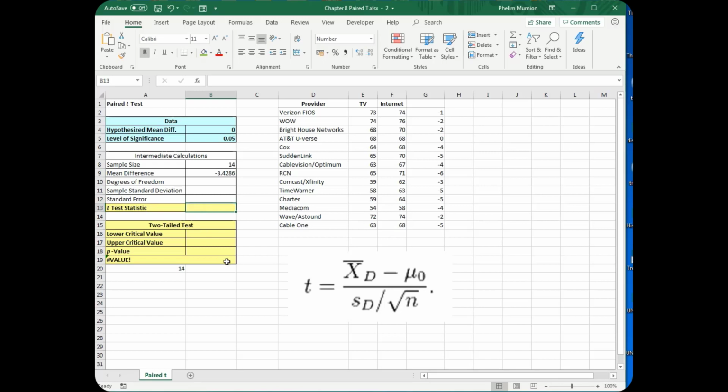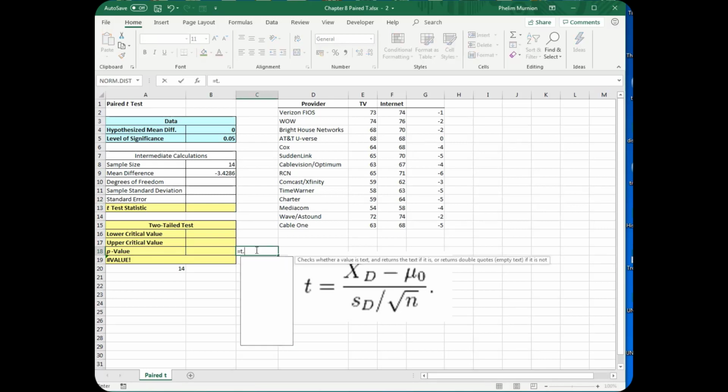But what we can do is get a p-value directly here. So we can use the formula. And that's the exact same formula, so I'm not going to do it in detail here because the formula in cell B18 is the same formula that was used in the previous Excel spreadsheet that you already have. So it's a t-distribution formula, and it's two-tailed.